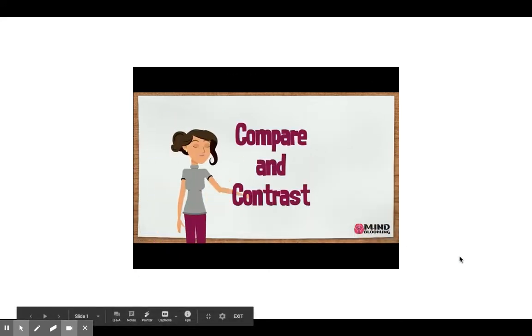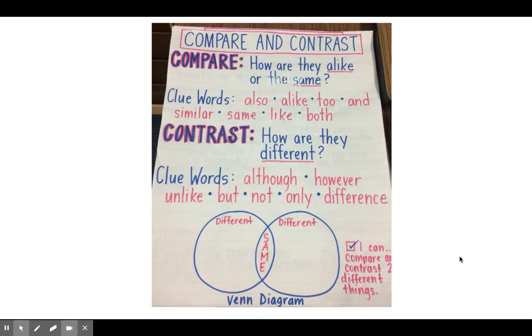Okay. So we can look at this chart. So this says compare and contrast. So to compare is to tell how are they alike or how are they the same. You might use words like also, alike, too, and, similar, same, like, or both.